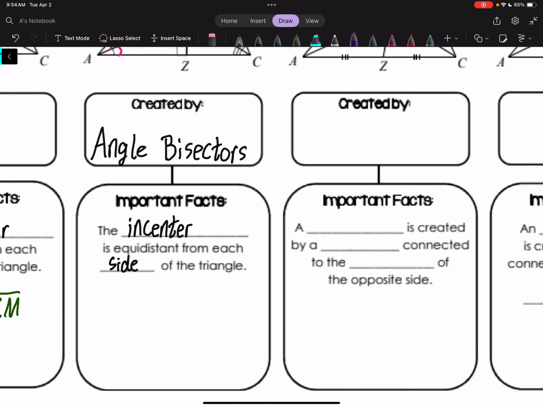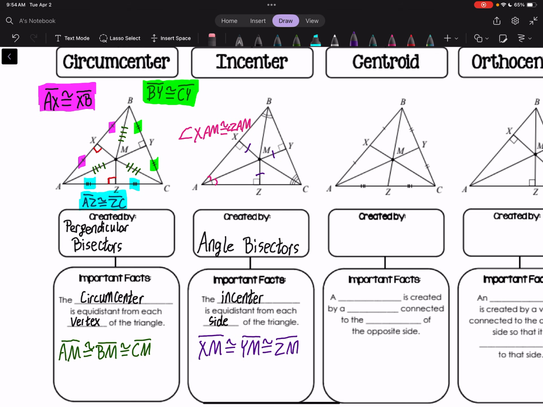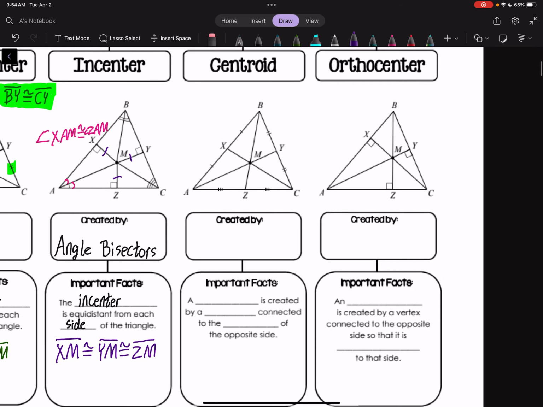XM is congruent to YM, which is congruent to ZM. I'm going to skip centroid for now. I'm going to go to orthocenter.